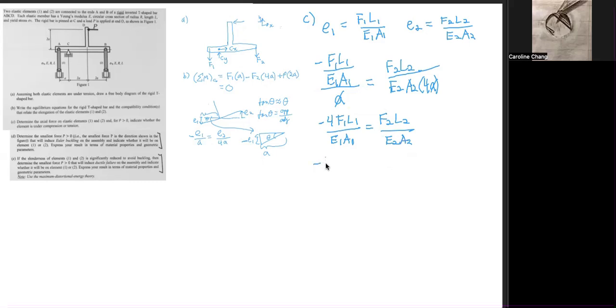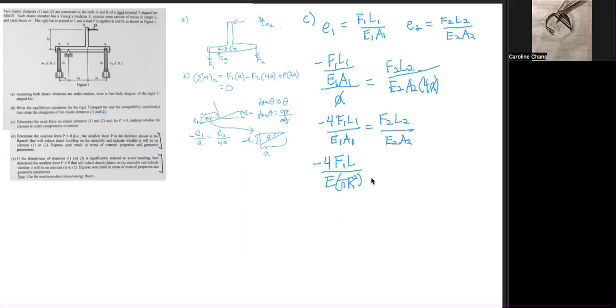So we will have negative 4 times F1, which is what we're trying to solve, times L1, which will be the length of member one over here, which is equal to L, over the E of member one, which is E, and the cross-sectional area of member one, which is given by pi r squared, because this member over here can be expressed as a member like so, and the cross-sectional area over here is given by pi r squared.